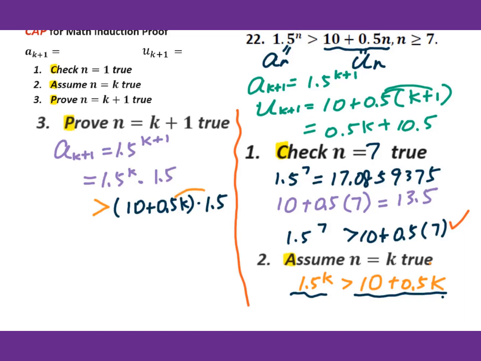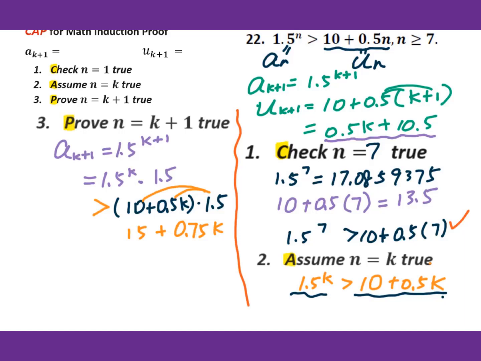Then we do the distributive property. We got 15 plus 0.75k. We want to prove 15 plus 0.75k is greater than 0.5k plus 10.5.